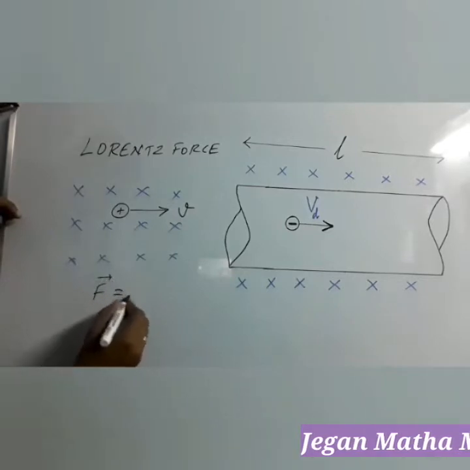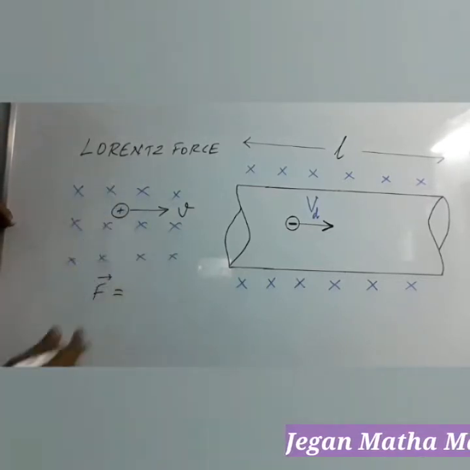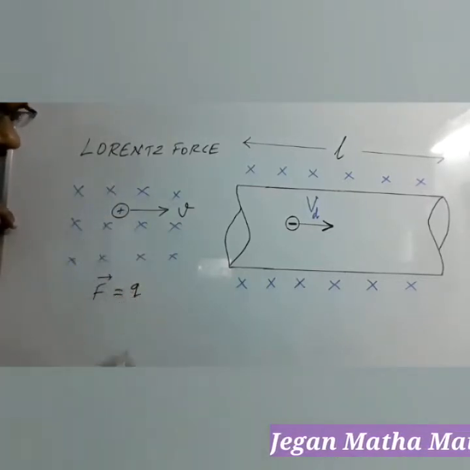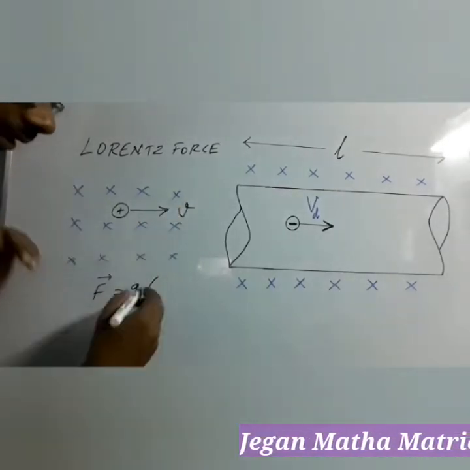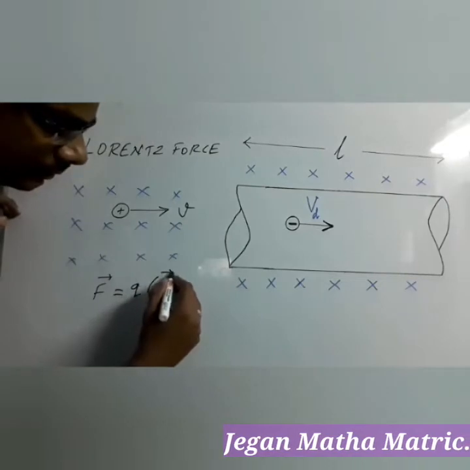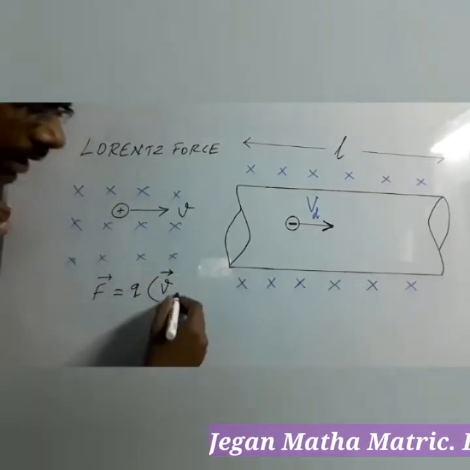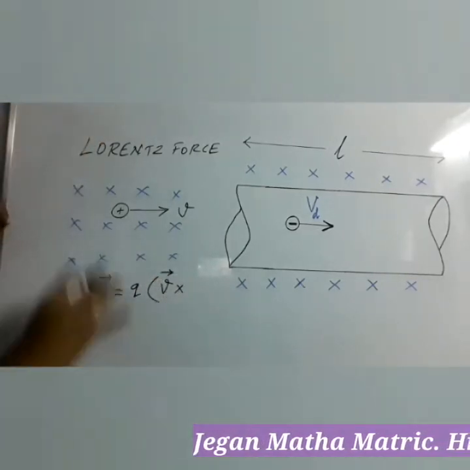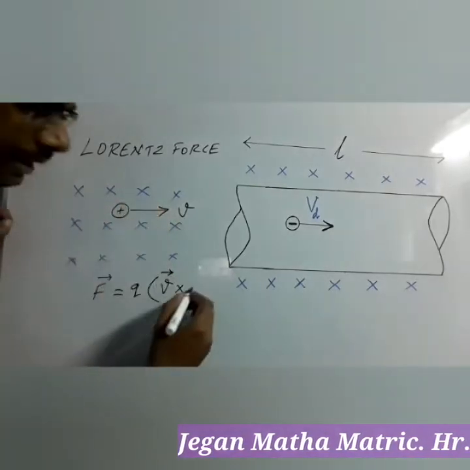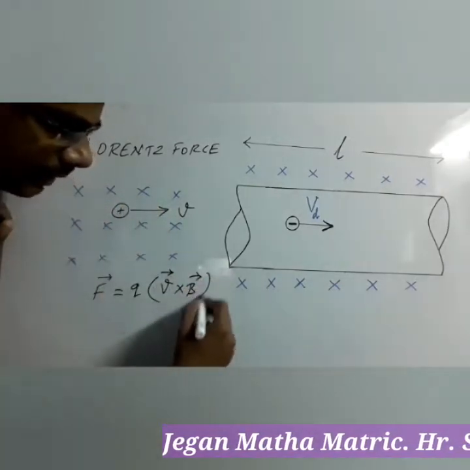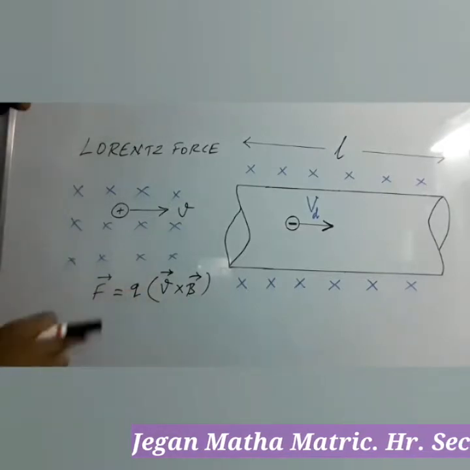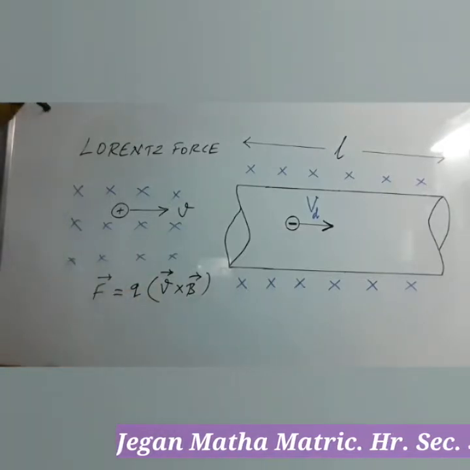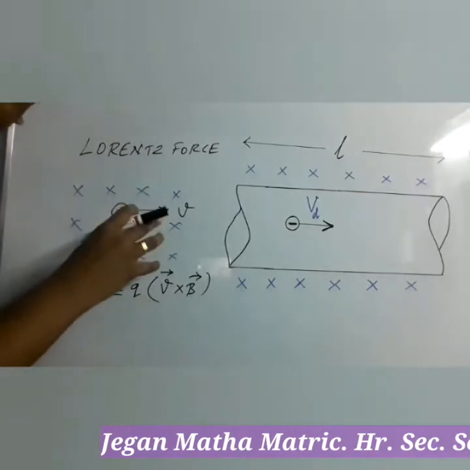The expression for the Lorentz force is F vector equal to charge q into velocity of the charge v vector cross magnetic field B vector. So it is the expression for the force on the moving charge with the velocity v in the magnetic field.